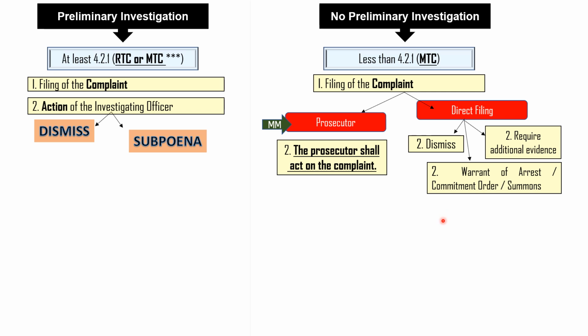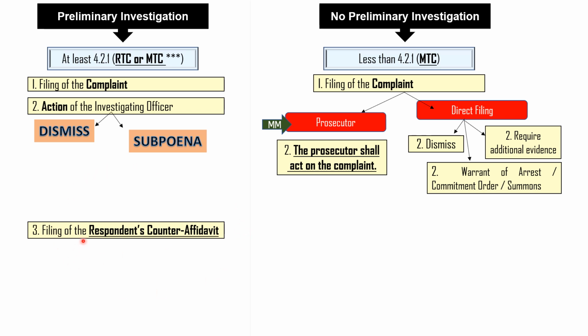If you're going to compare that in a case which requires a PI rather, after the action of the investigating officer, let us just say that his action is to issue a subpoena, ang next step niyan is the filing of the respondent's counter affidavit.